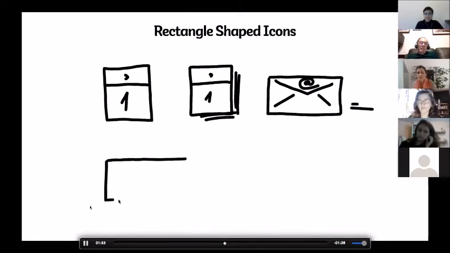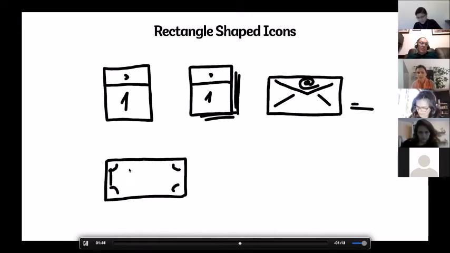If it gets too fast, let me know. I can stop it as well. Here, this rectangle can be used as a symbol for money, for cash.